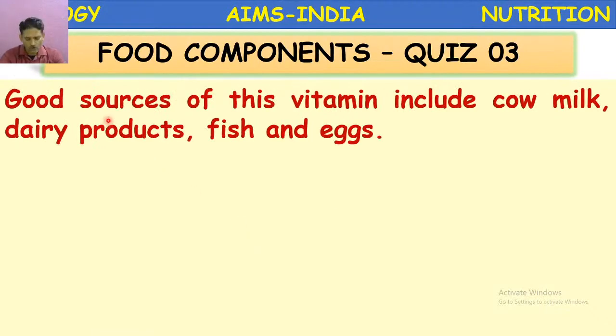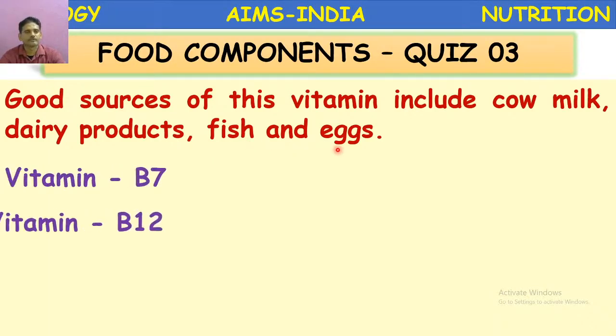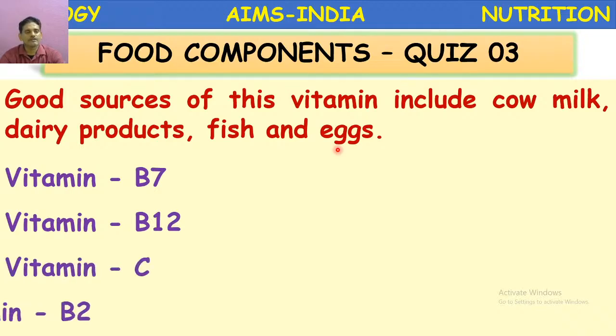Next question. Good sources of this vitamin include cow milk, dairy products, fish and eggs. Vitamin B7, vitamin B12, vitamin B2.